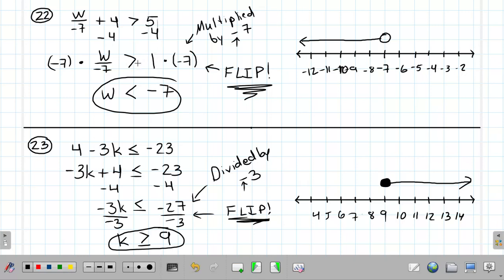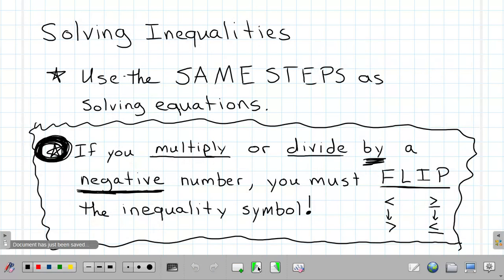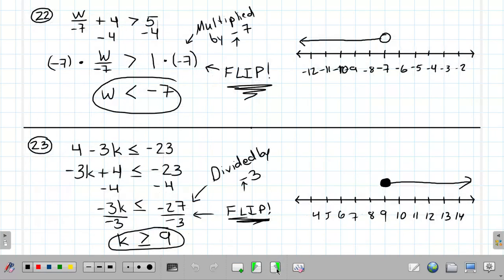Well, that means I didn't multiply by a negative, or divide by a negative, so it stays the same. But what did I do to get from here to here? Well, I multiplied by a -7, so that means I have to flip. So you have to know your steps, okay? And you have to know what you did in those steps to really make sure and understand why or when you would flip your inequality symbol, okay?